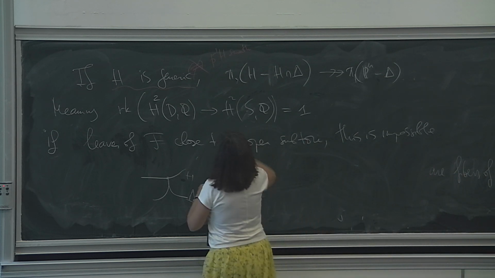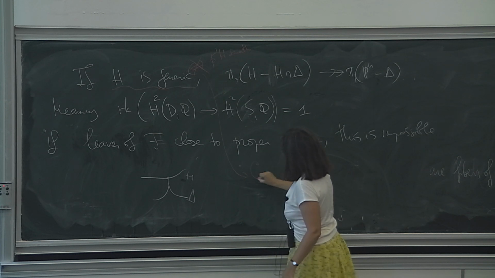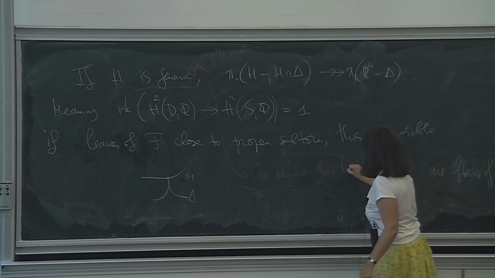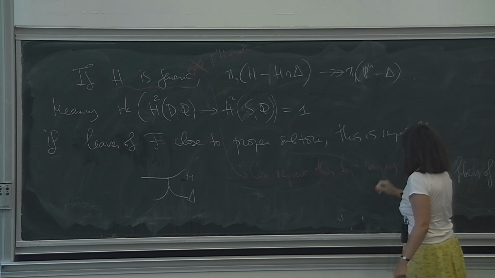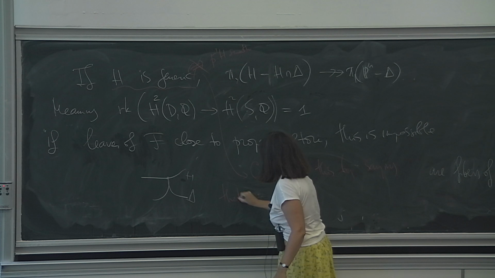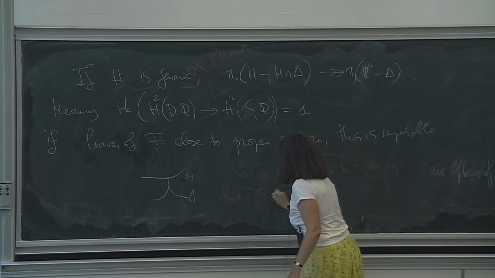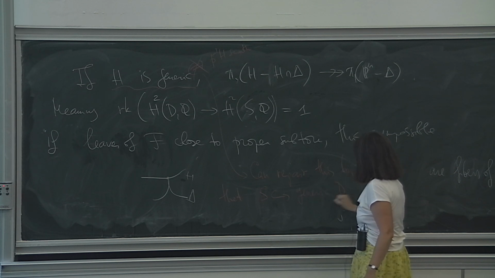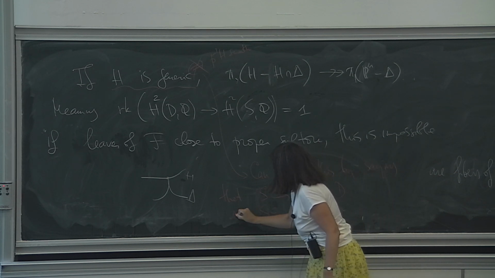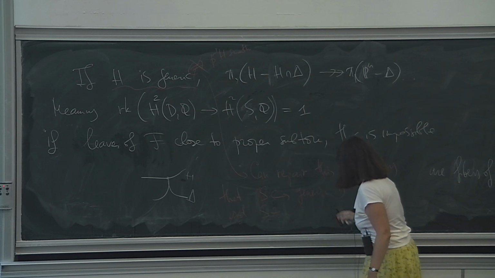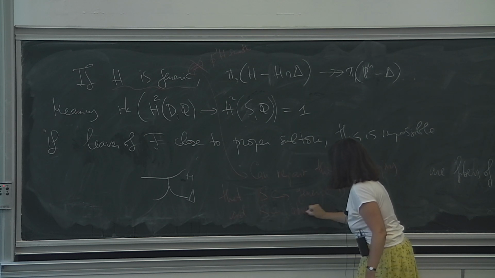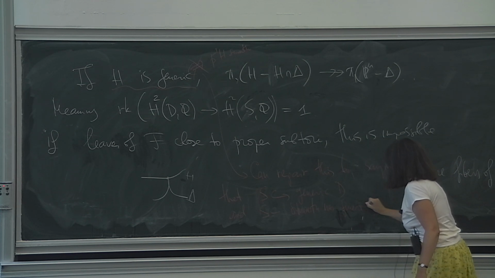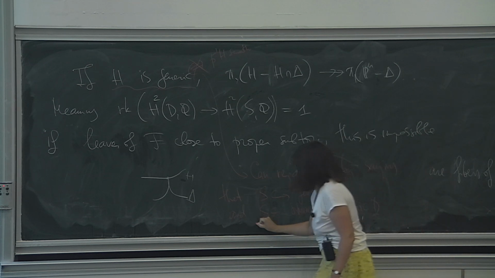So you can repair this by saying that the inclusion of the fiber into a generic G and the inclusion of the fiber into a smooth non-generic G are homotopy equivalent.